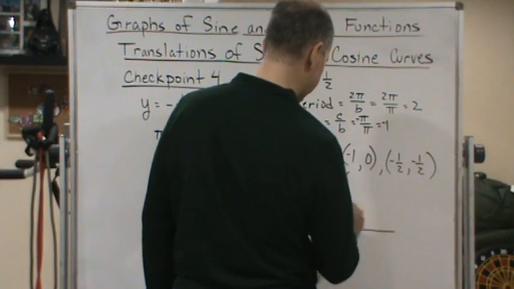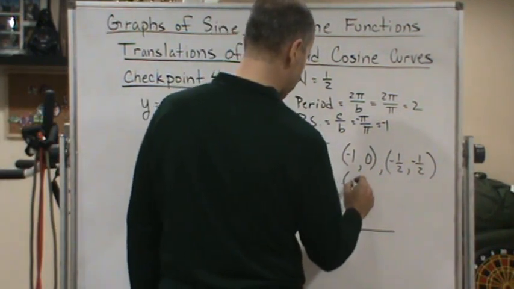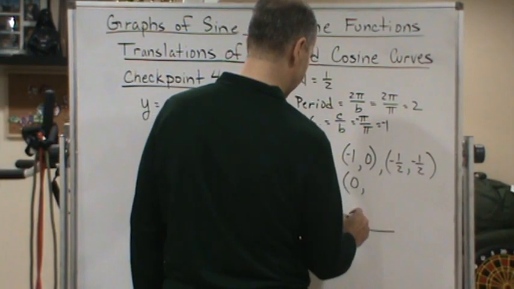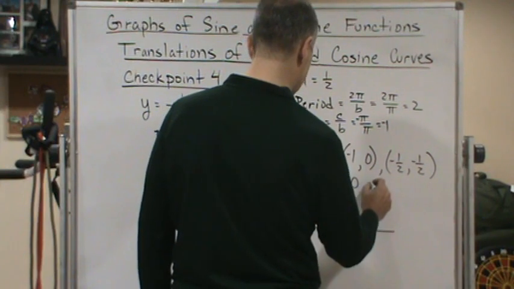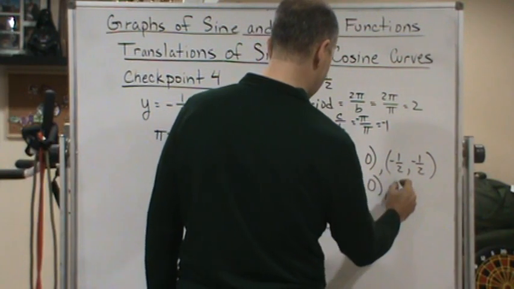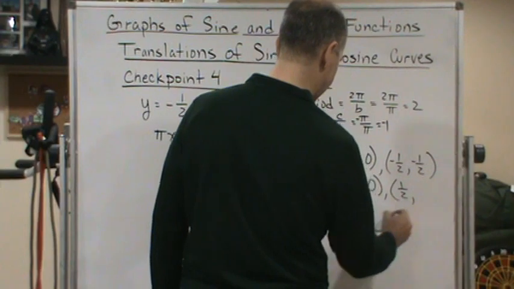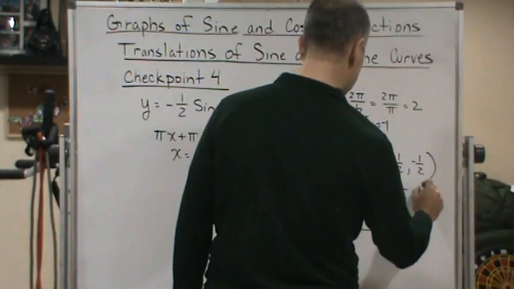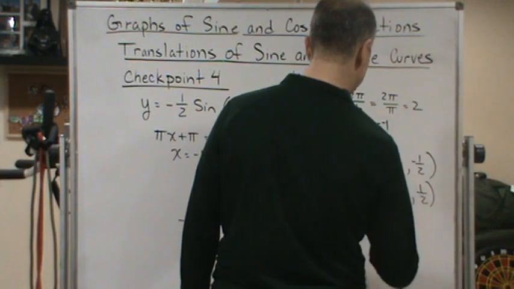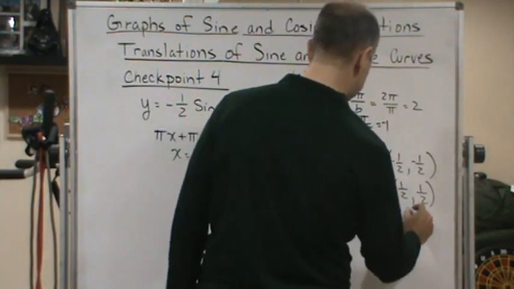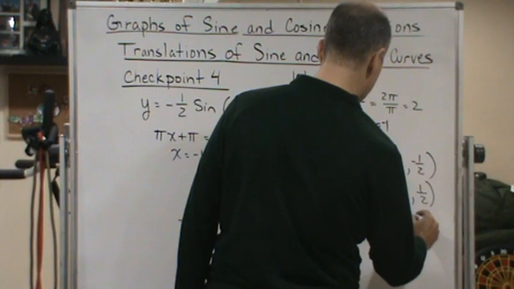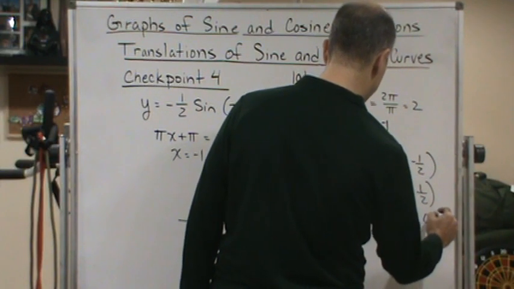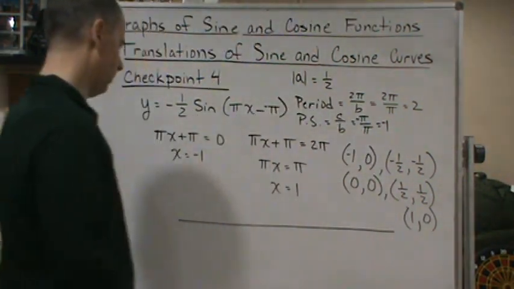And then the next point is going to go to 0, and it's going to go back to 0. And the next point is going to be at x equals 1/2, and it's going to go up to 1/2. And the final point will be at 1, and it'll be back to 0.